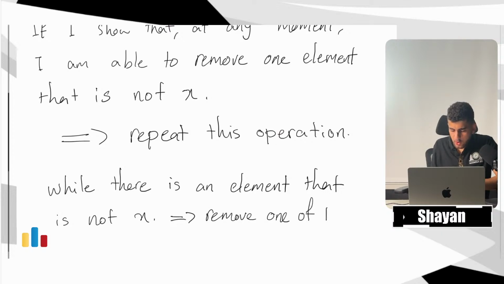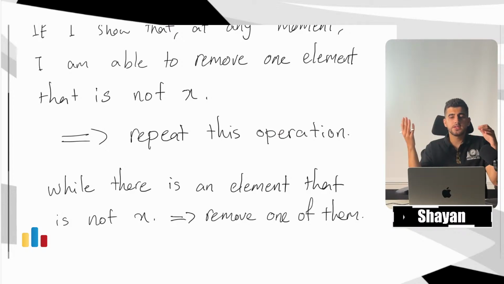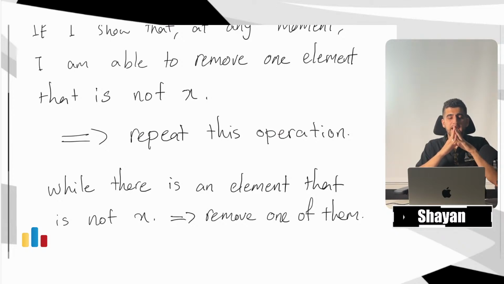If I show that I always can remove one of them, then I can keep repeating this operation until at the end there is not gonna be any elements that is not x. So everything left is x. I want to keep all the x's and remove everything that is not x.